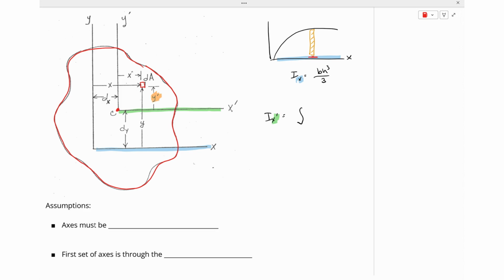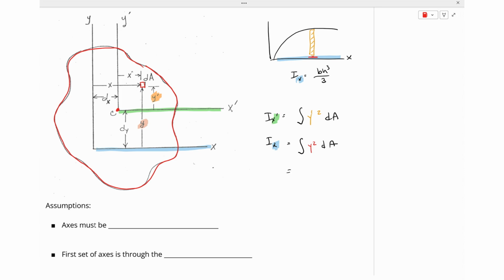So when you put that in, you're going to see that we have y prime squared times that dA. And then we're going to say, how does that compare to when we look at the x-axis? So again, this is the blue one here. We're going to say that's the integral of now using this y here. So the y squared times dA.